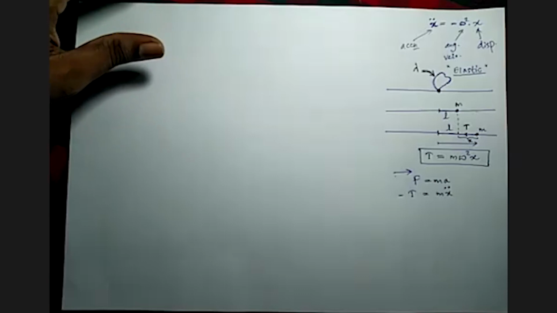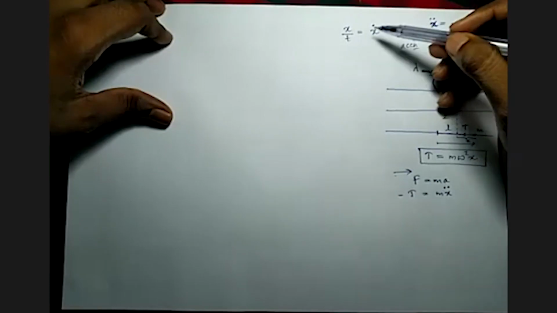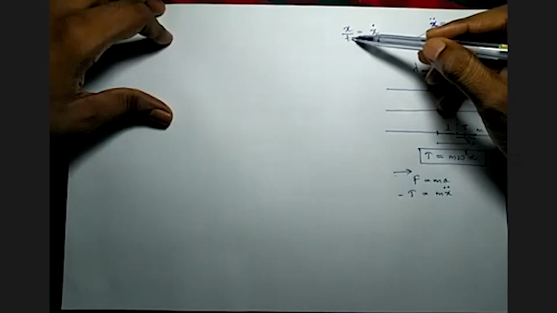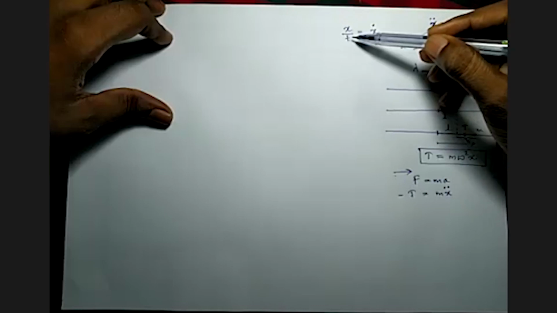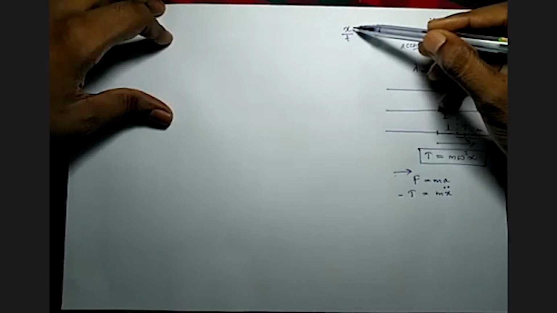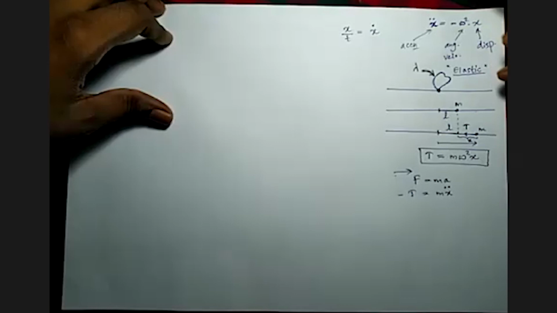If you have done differentiation, you know that if displacement is x, when I differentiate displacement with respect to t, I get velocity. That is the first derivative of displacement, denoted by x dot.